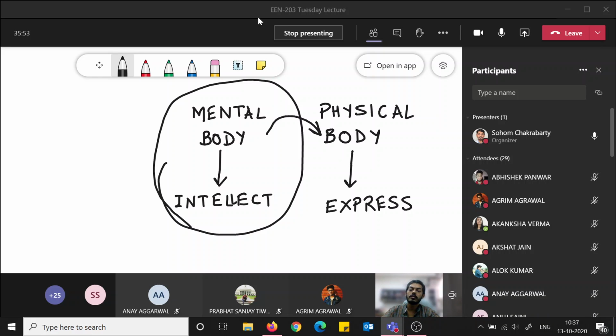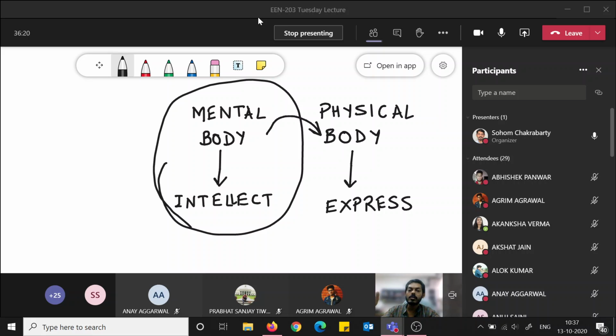Now I want to point out to another body. I hope this mental body and physical body everyone understands, even though perhaps you have not been able to separate them as different entities. But now probably you might say that okay, we might look at them as separate entities.